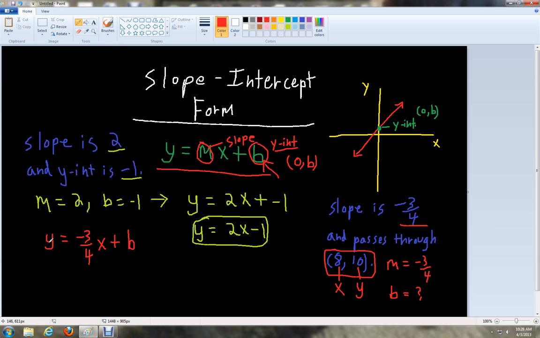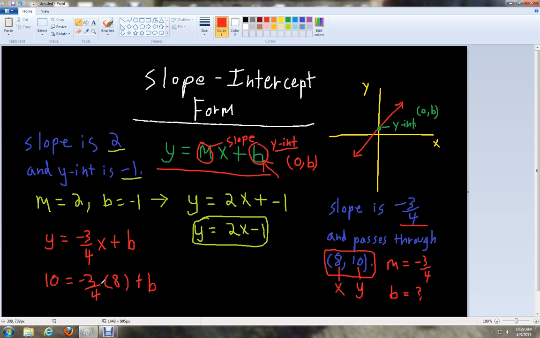So we can put those into the equation. We know y equals 10, so that would be 10 equals negative 3/4 times, what's our x value? It's 8, plus b. Now we can solve for b, because we have x and y and the slope.